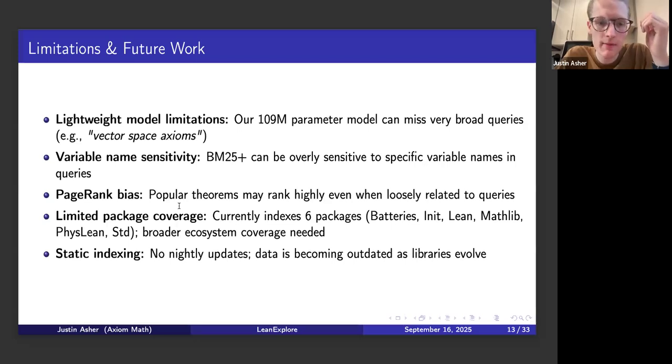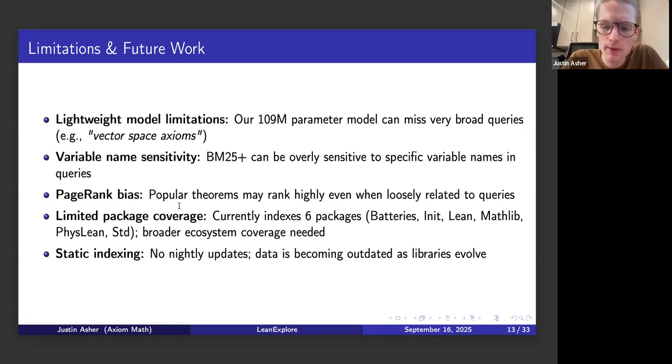This is exacerbated by the BM25+ algorithm, where it would work really well if you search for things informally. But when you start searching for things using specific variable names, these models would struggle, indicating that we need to use some kind of variable-indifferent search algorithm, which we are not doing right now and would require a bit of engineering to do.